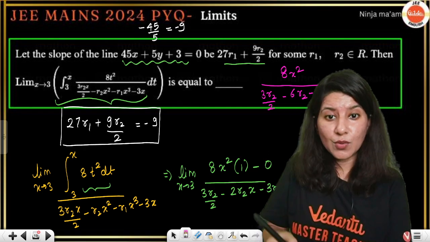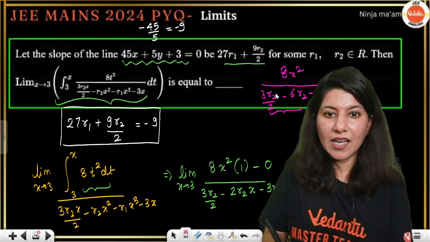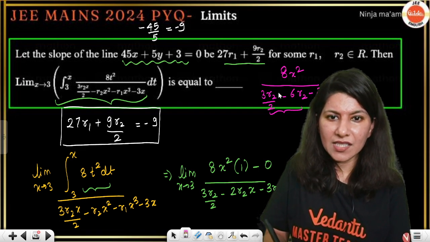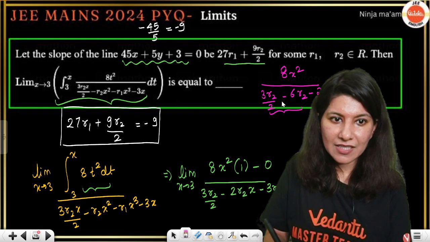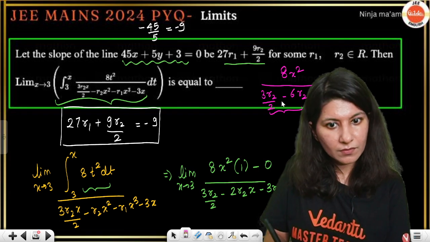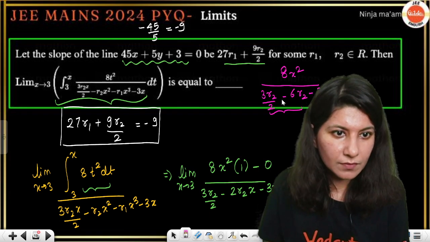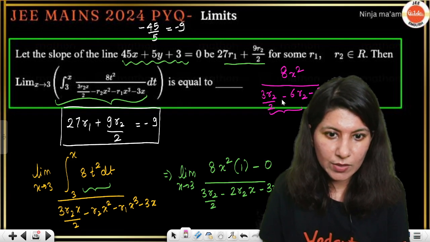If you solve this, 6 3s are 18, and 3 minus 18 is minus 15. 3 2s are 6. Minus 15r2. Hold on. 2r2x, with x equals to 3. 3 2s are 6.